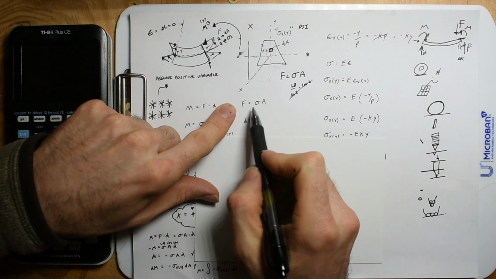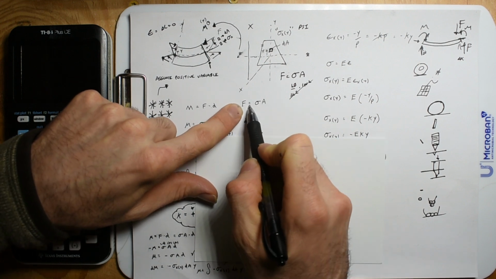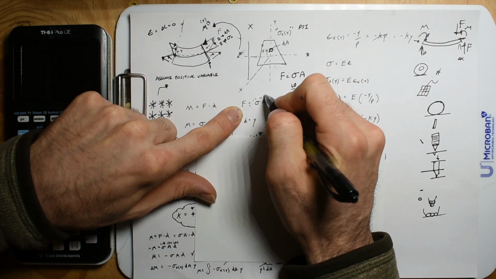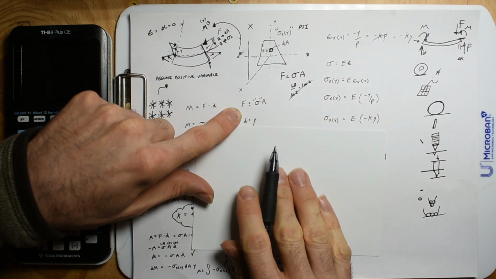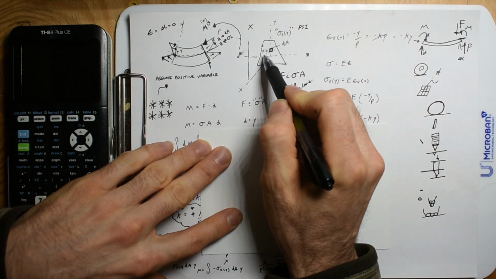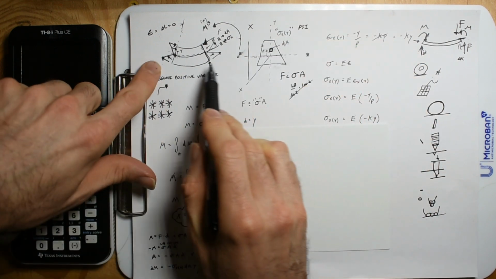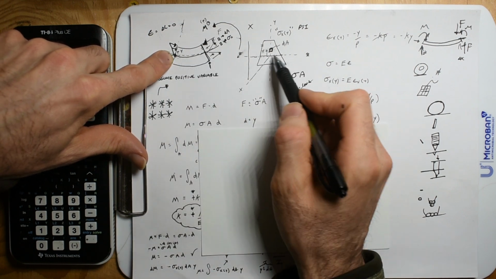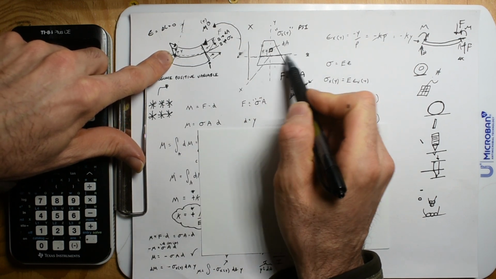So before we do a derivative, I'm just going to say force is equal to stress times area. Now I can take a small little chunk. What we haven't talked about yet, and what we're going to go over next, is that I've set my axis at the neutral axis.